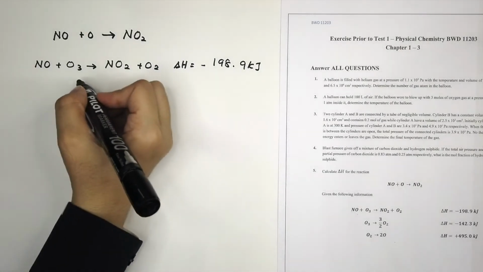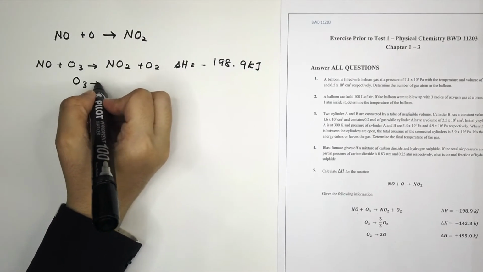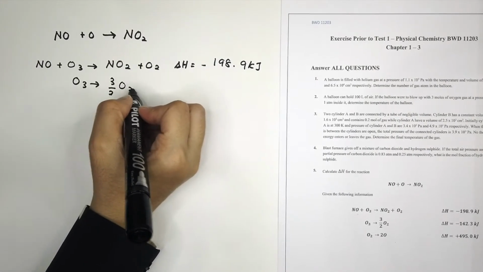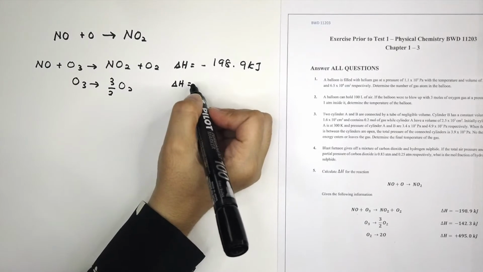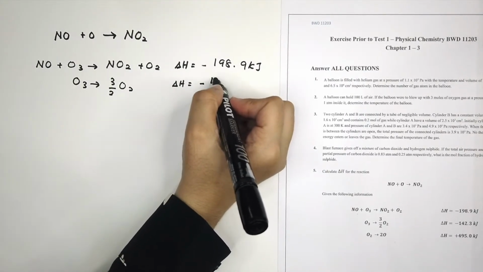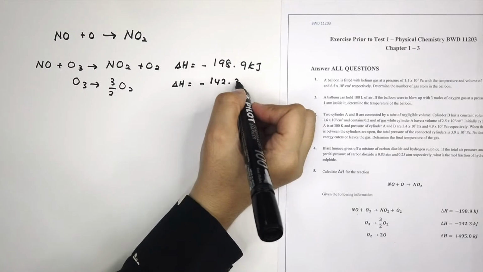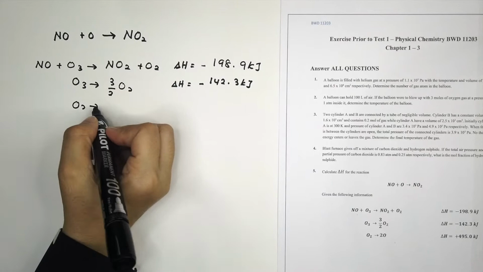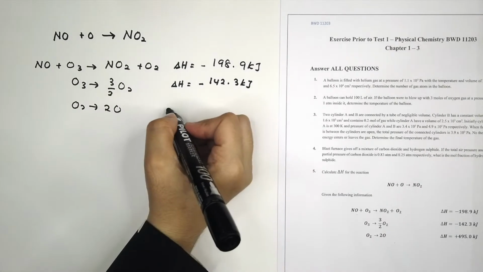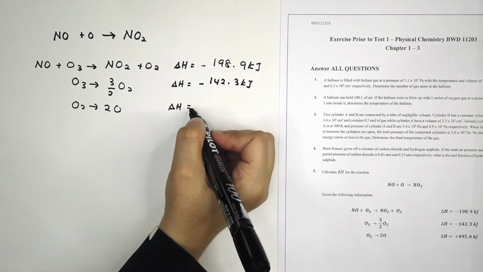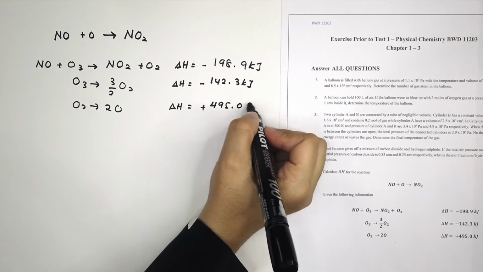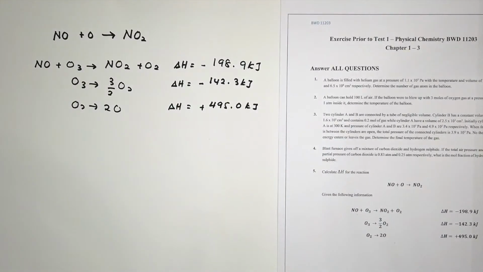The second one is O3 will produce 3 over 2 O2, where the delta H is equivalent to negative 142.3 kilojoule. And the last one is O2 will produce 2O, where the delta H is equivalent to positive 495.0 kilojoule. Right, so all of this matches the question.